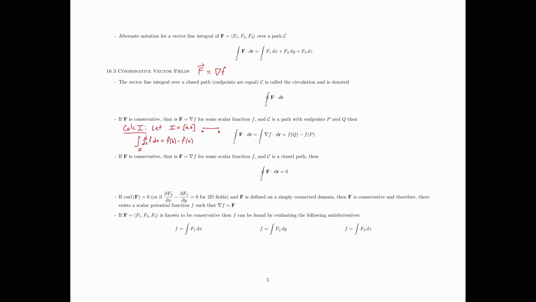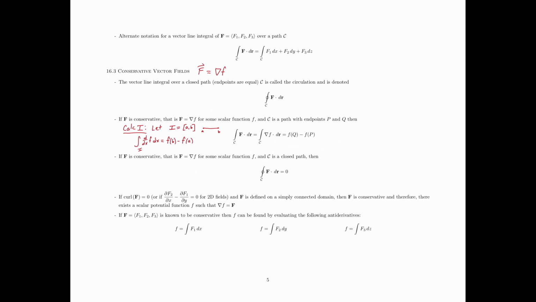But in practice, finding this f can be difficult, and it can be a little tedious, and not every vector field is conservative. So a lot of times it's useful to check and see if your vector field is conservative before you go through the process of finding little f. In general, you should always make sure something exists before you go looking for it.